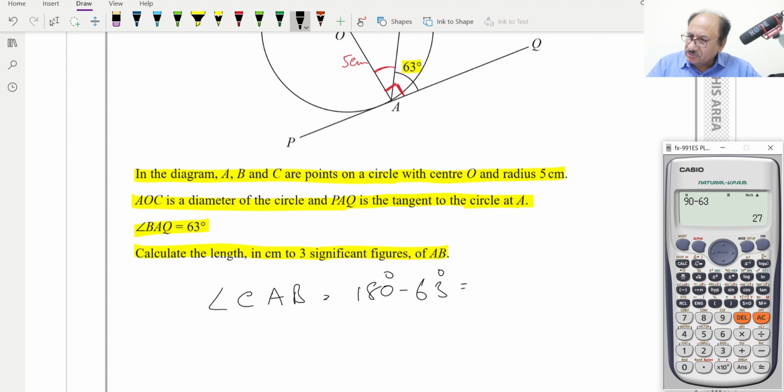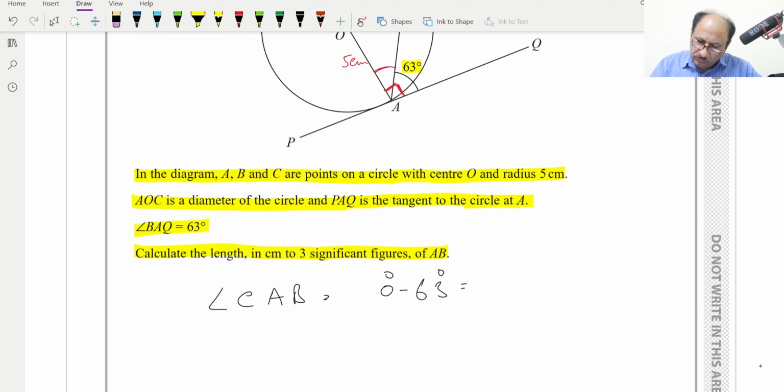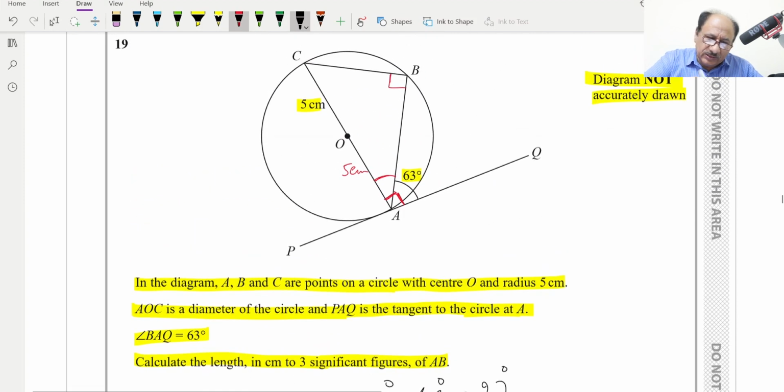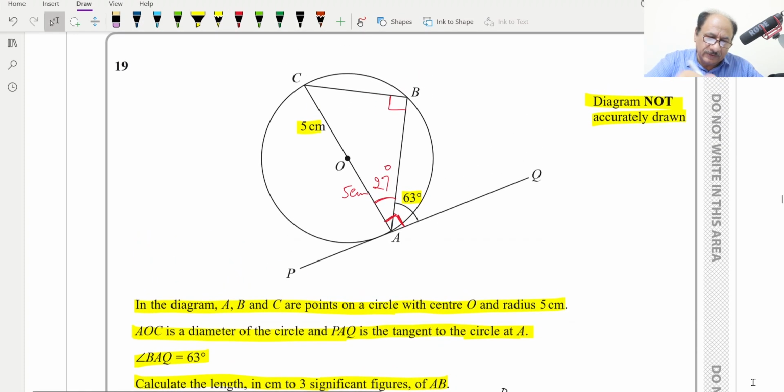So 90 minus 63 is 27 degrees. So this angle which we found is 27 degrees.